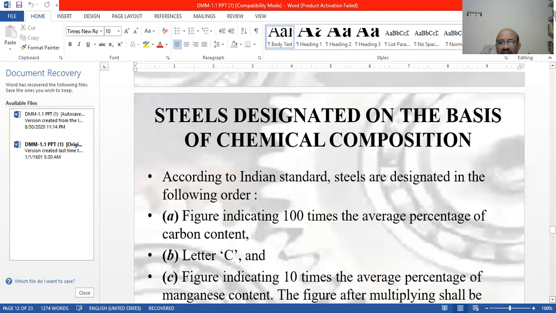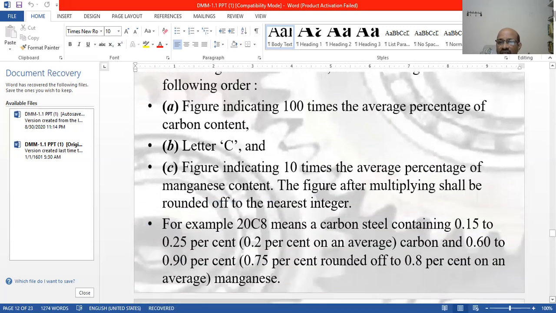First, a figure indicating 100 times the average percentage of carbon content, followed by the letter C, and then a figure indicating 10 times the average percentage of manganese content. The figure after multiplying shall be rounded off to the nearest integer.